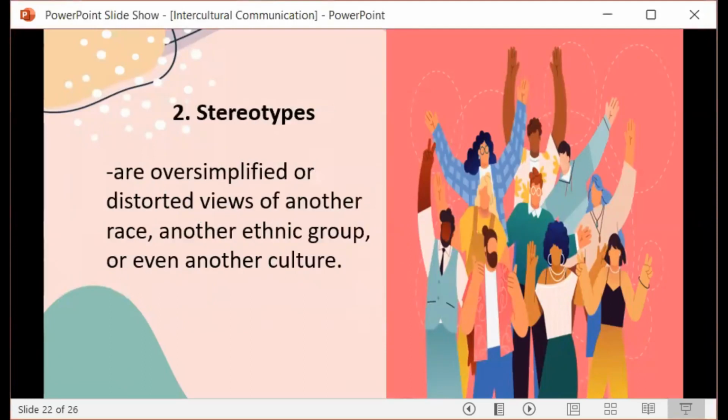The second barrier is stereotyping, or stereotypes. These are oversimplified or distorted views of another race, ethnic group, or culture. Just like what I mentioned earlier, our society assigns responsibilities to certain groups of people, for example, men and women.